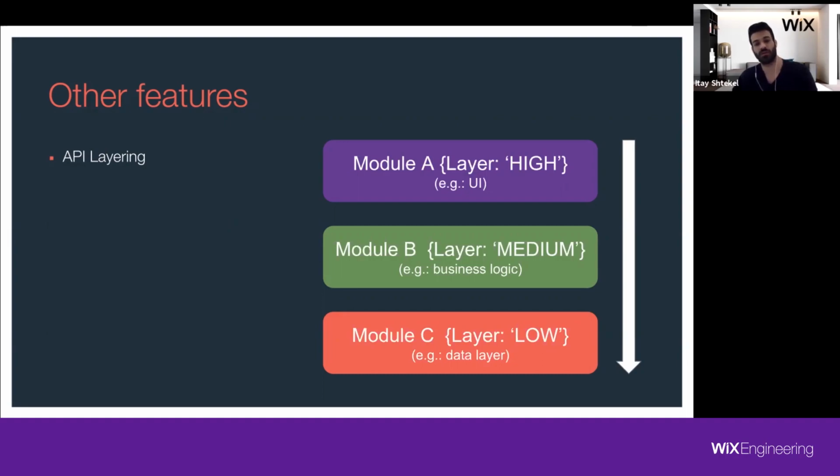For example, we can have a layer for UI, business logic, and data layer, and every API will be able to use only APIs of its own layer or below. So this way, we can separate when we contribute save logic and when we contribute save UI, so we'll be able to share the business logic with other packages.